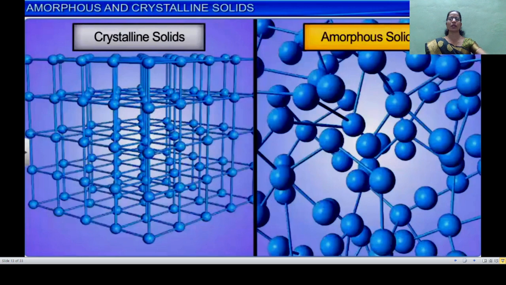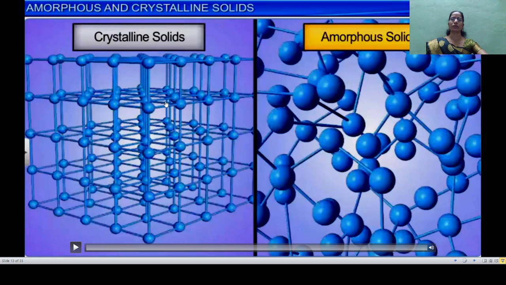In order to understand the amorphous solids, now observe the difference in arrangement of the particles in crystalline solids and in amorphous solids.